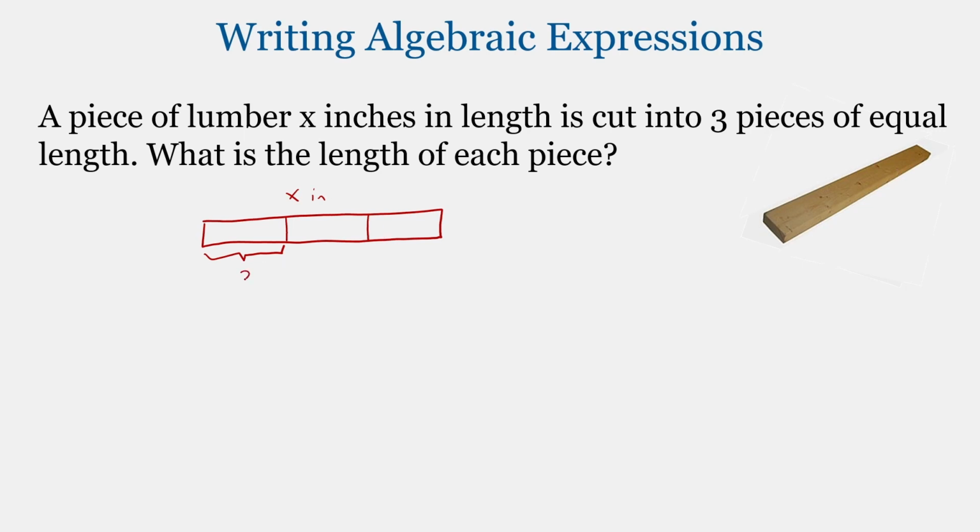So to find what this is, we take the whole and we divide it by the number of parts. So in this case, the whole was x and the number of parts was 3. So each piece is x over 3 inches, or we can write this as 1/3 x inches.